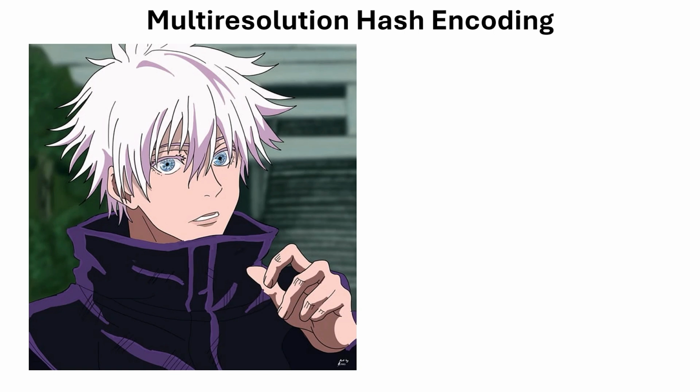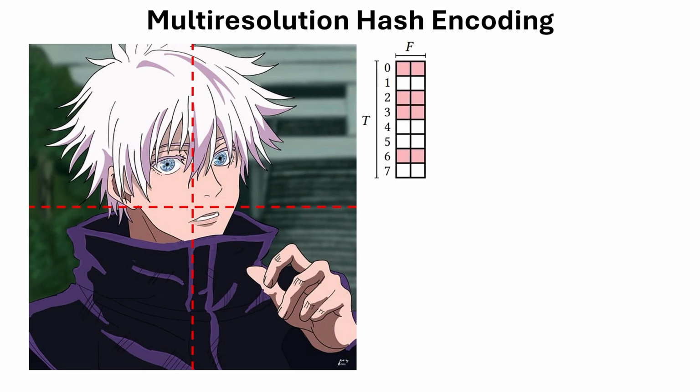Back to our example, to explain how this works, we can divide it into something like a 2x2 grid structure, and this 2x2 is the base resolution of our image. Then we define a hash table with size T as the hyperparameter denoting the number of entries, in this example 7, and F as the feature dimension, in this example 2. And then let's assume that we want to find the values of a certain pixel like this one.